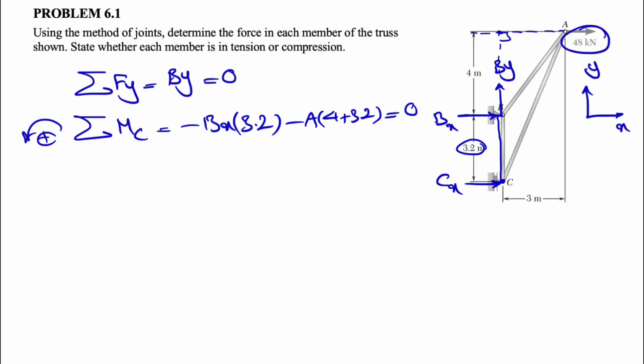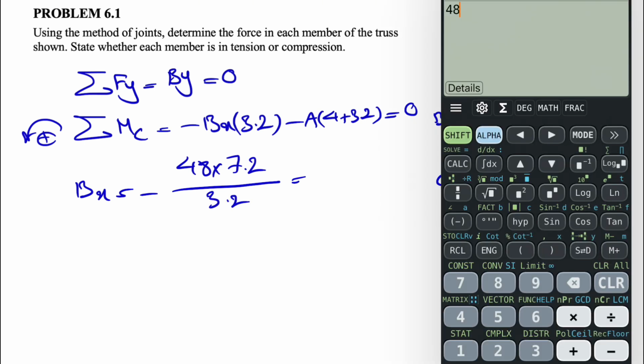We already know A is 48 kilonewtons, so Bx basically would be negative 48 times 4 plus 3.2, which is 7.2, divided by 3.2. And we have 48 times 7.2 divided by 3.2, negative 108 kilonewtons.